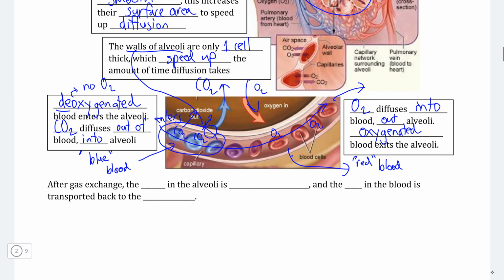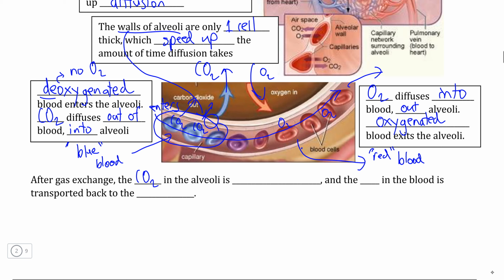So after the gas exchange takes place, the carbon dioxide that has been diffused out of deoxygenated blood and is now in the alveoli is going to be exhaled so that your body can get rid of it. Let me just write that more clearly. Exhaled.